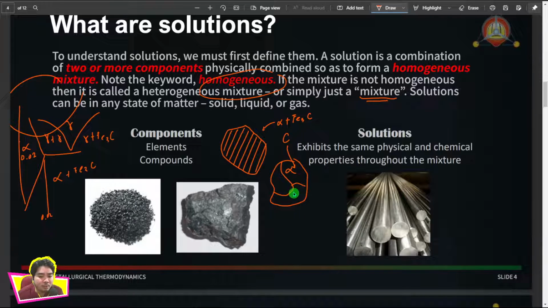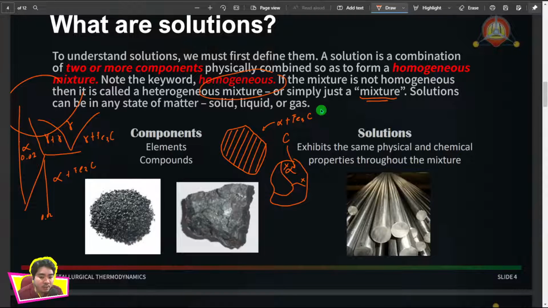No? So for example, kasi isa lang yung nakikita natin na physical phase, so we should expect na itong solid phase na to should have the same properties whether we measure that property from here or from here, if we can do that using a nano indentor, kunwari kung nag-hardness tayo. So if you try to measure this property versus this property, it should be the same, no?